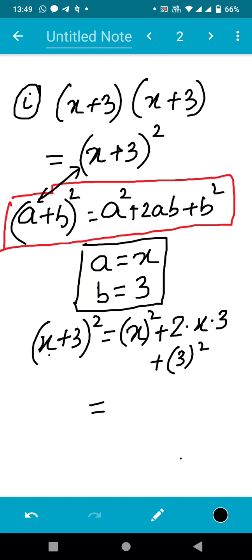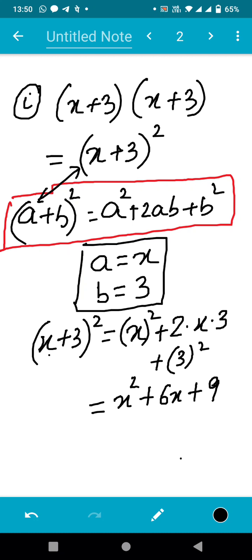What is the value of x square? x into x is x square. Now if you multiply these three terms, that is 2, x and 3, we'll get 6x. And then at last we have 3 square, which means 3 into 3, that means 9. Okay, so this is the required solution of sum number 1 of question number 1 of exercise 9.5.